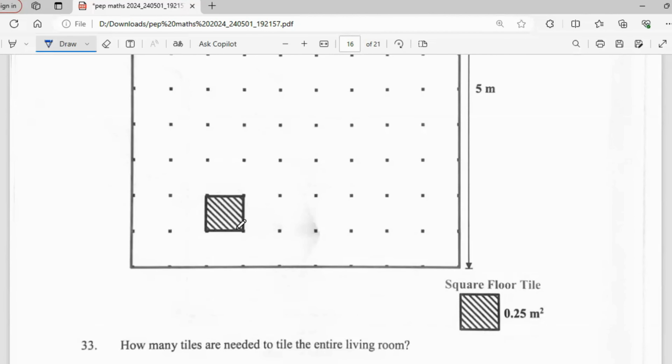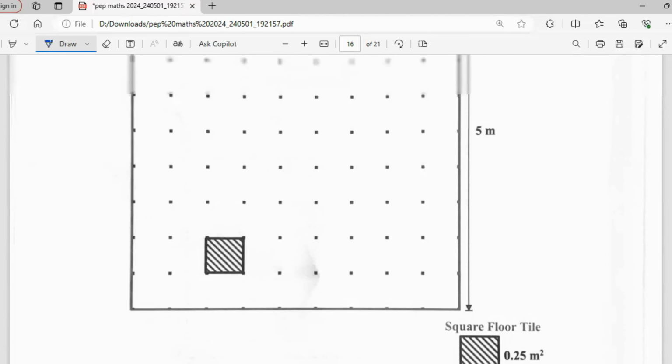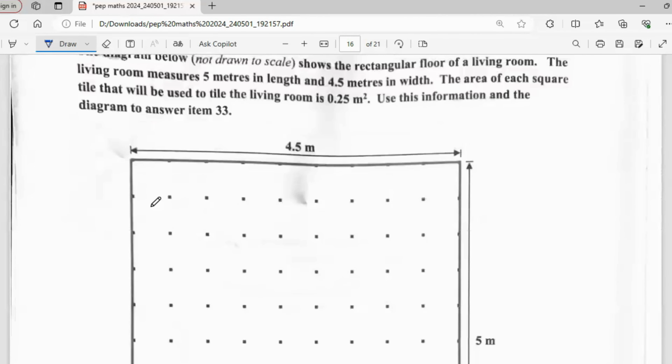So if one of these tiles is 0.25, what I'll actually do is count the dimensions across. So this is 1, 2, 3, 4, 5, 6, 7, 8, 9. So it's 9. 9 tiles can fit there.